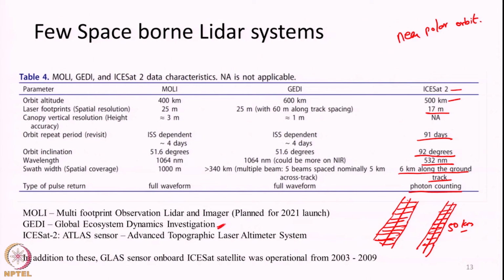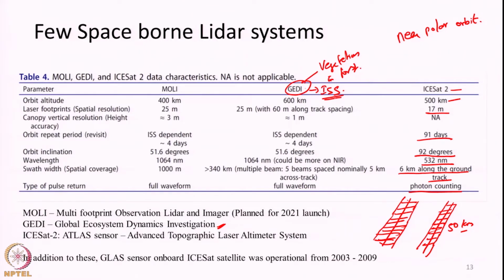There is another sensor called GEDI, which is Global Ecosystem Dynamics Investigation, essentially a LIDAR to map or monitor vegetation in forest. This is not a satellite, this sensor is on the International Space Station, which is now housing more remote sensing sensors, like GEDI is one of the sensors.